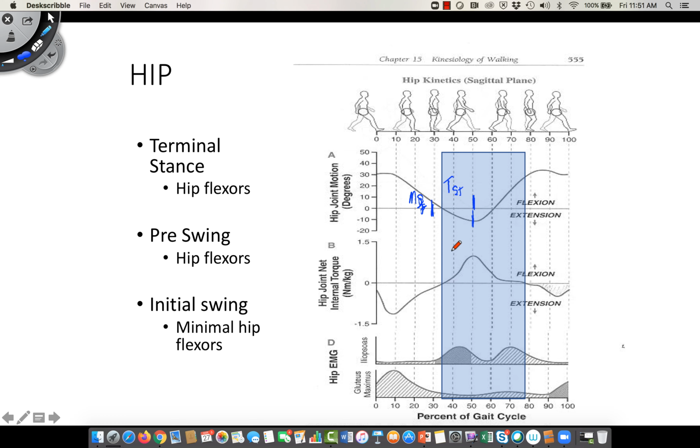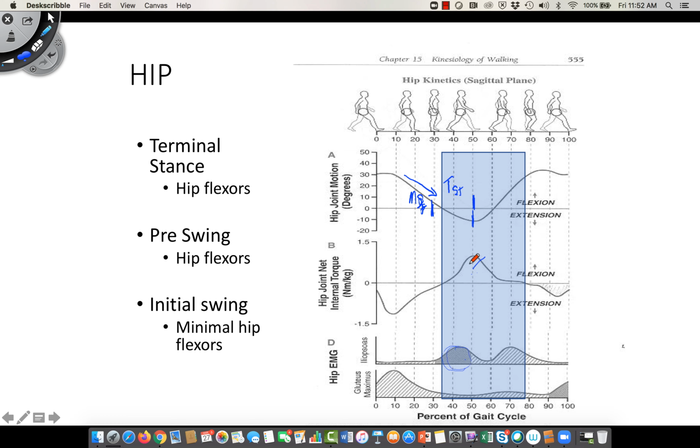As we go through the rest of this rapid hip extension, the second half of it, which happens in terminal stance, is controlled by the iliopsoas muscle. So the hip flexors are the agonist. We have a fairly strong iliopsoas contraction here.